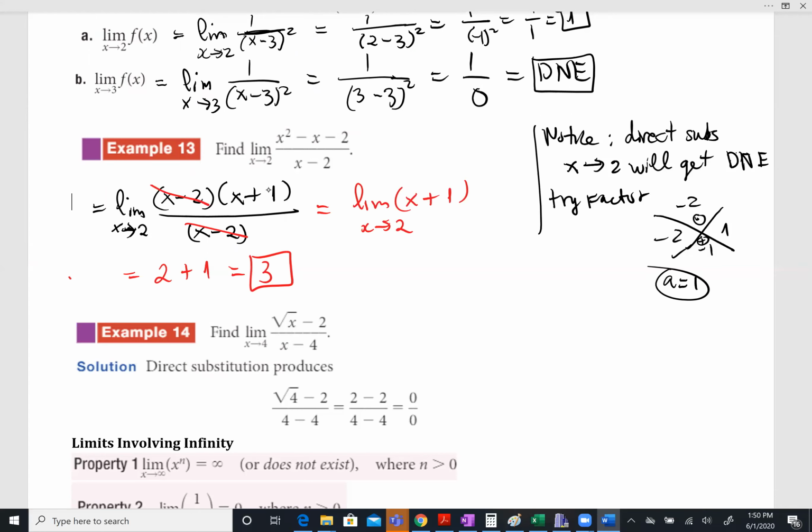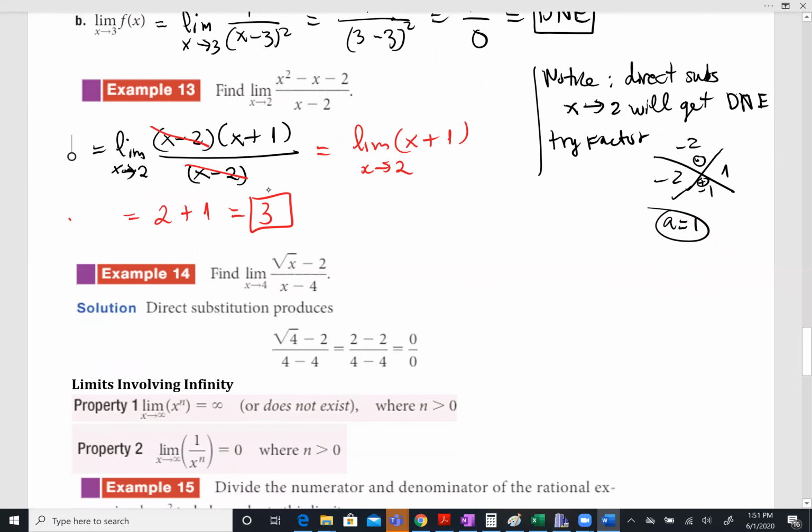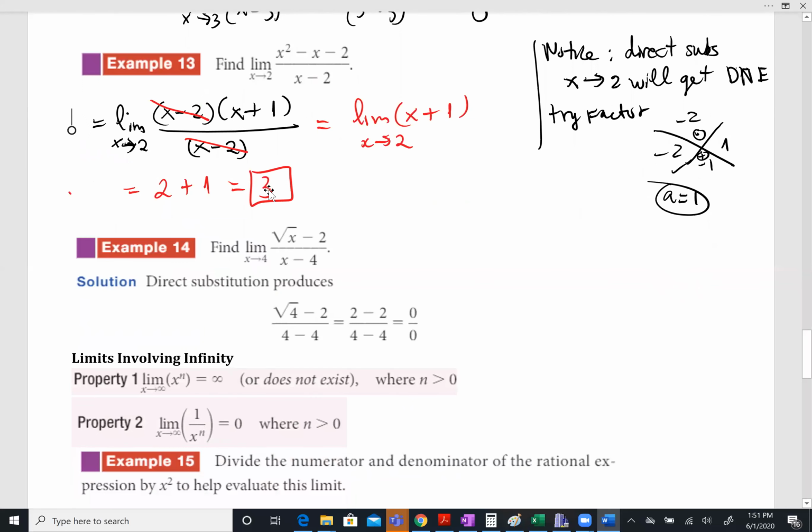I gave you a bunch of examples, and I hope you have some ideas on how to find the limit at a finite number. But there is one case that may be complicated, where you have a radical and a rational expression at the same time.